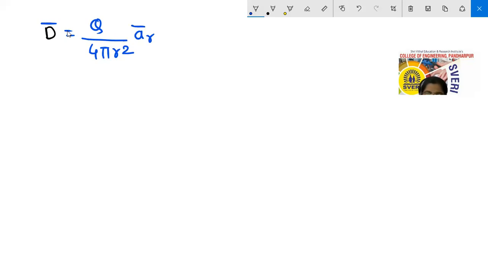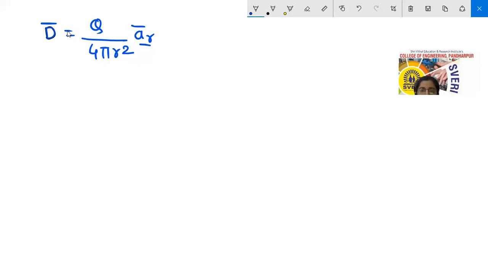Now this is flux upon area, meaning as per the Gauss law, the electric flux is equal to charge Q. So it is Q upon 4 pi r square when we are considering two concentric spheres, into unit vector a bar r, because we are going in the direction of the radius of that sphere. That's why, because this D bar electric flux density is in that direction only.